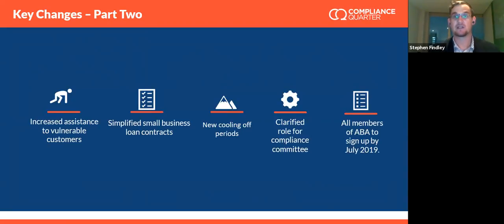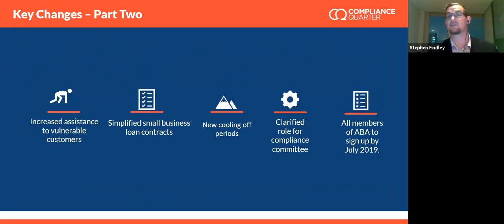These customers need to have all banking and lending information explained to them very clearly before the customer signs up to something. They also need to be provided extra assistance where the customer asks for it. They also need to be given information about access to government concessions and rebates that might apply to them.